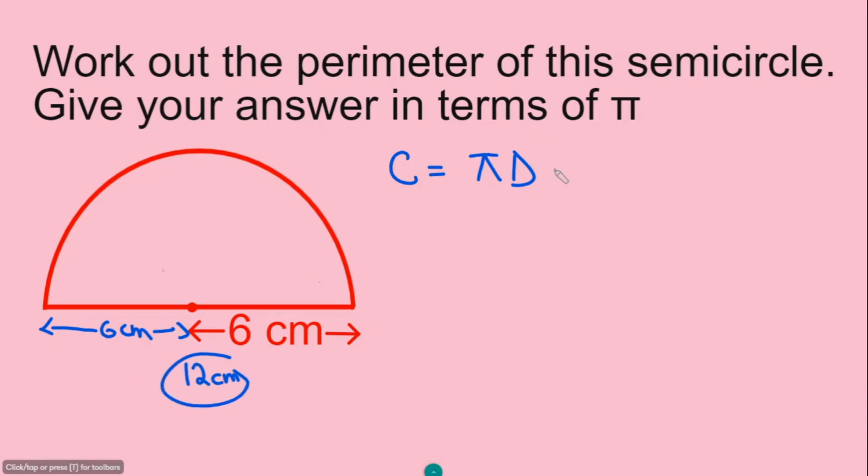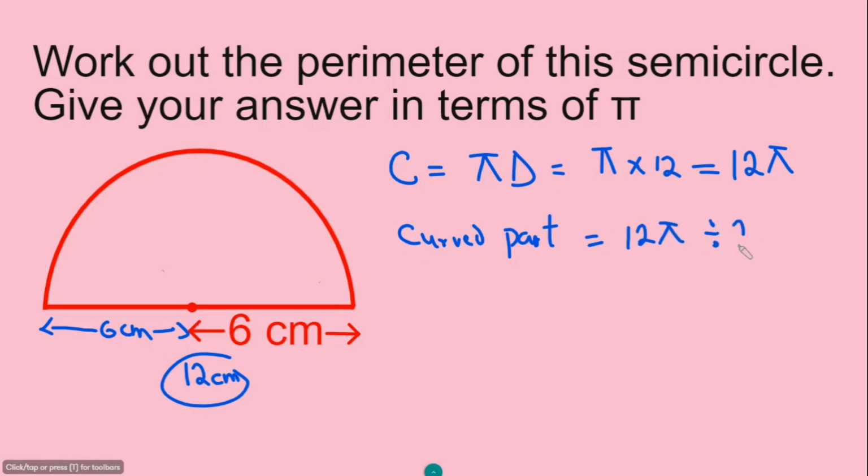So pi is constant, because that's what we say, leave your answer in terms of pi, times the diameter, which is 12. If you do this, it is going to give you 12 pi. Now this 12 pi represents the full circumference of the full circle, and to get the curved part, which is half of the circumference, just halve this value. That's 12 pi divided by 2, and that's going to give you 6 pi.